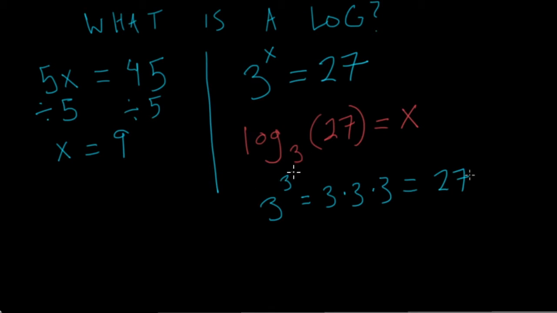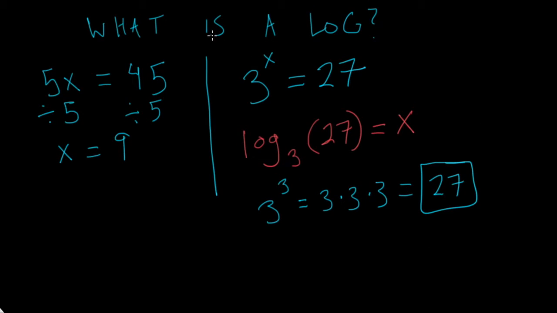So that means that our missing exponent, our x, would have to equal 3, which means log base 3 of 27 is equal to 3. So a log is simply the reverse of an exponent, and that's really the easiest way to understand it.